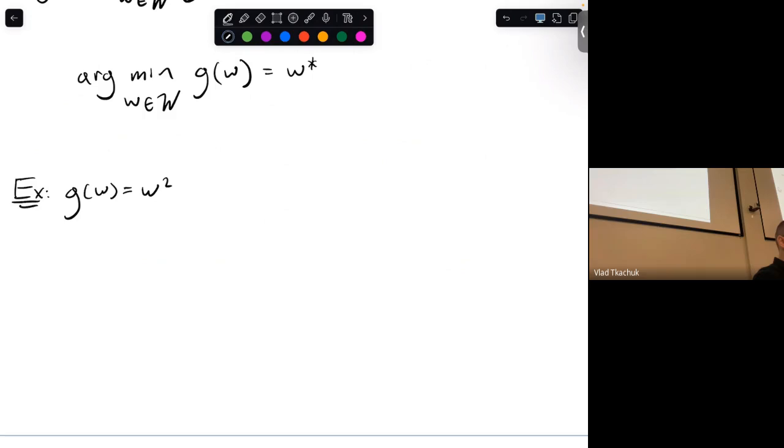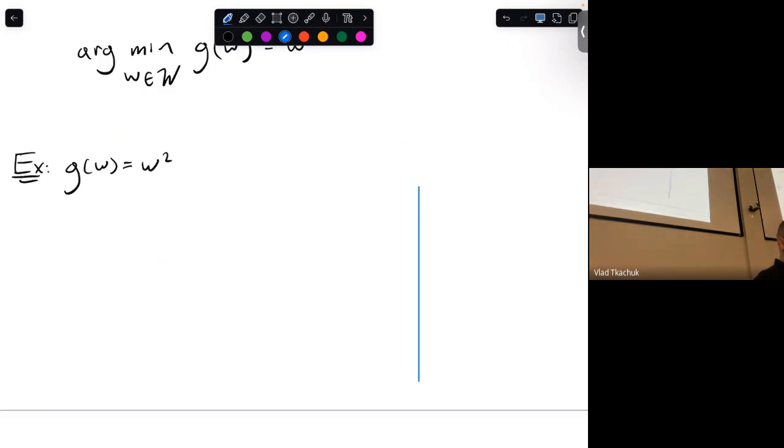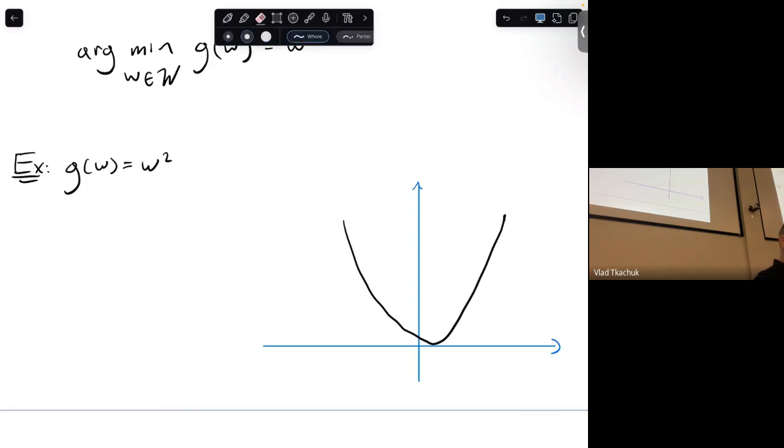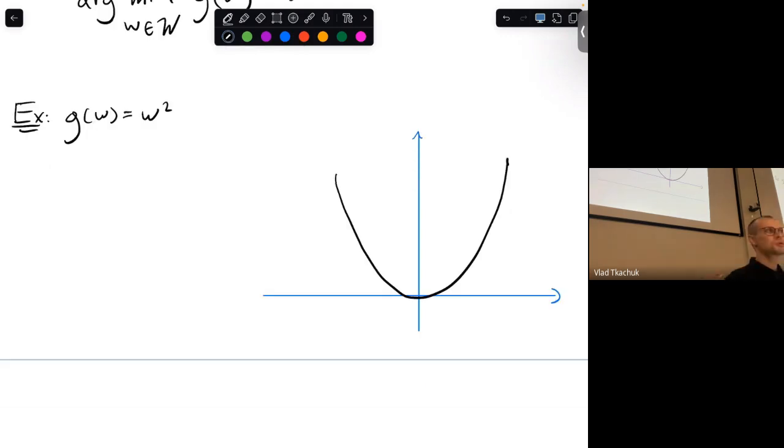And let's do the minimization visually first. We're going to use this as an example throughout to give us intuition as to how the visual can then be translated to math, which you already probably know about, but we're just going to review. Okay, it doesn't seem to want to give me a nice curve, but this is w squared. And visually, I can clearly minimize this function.